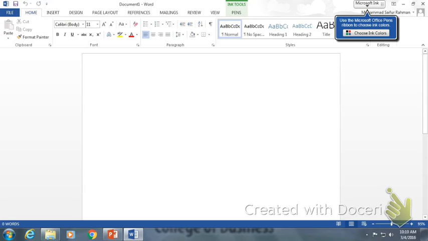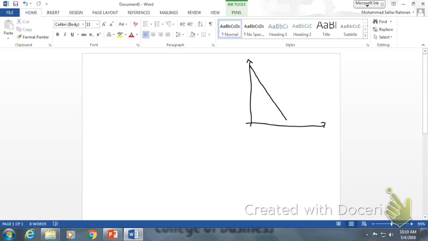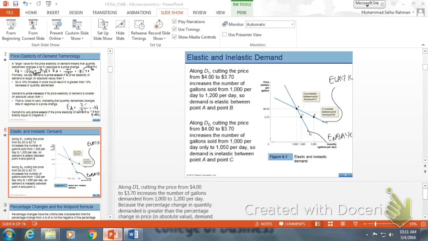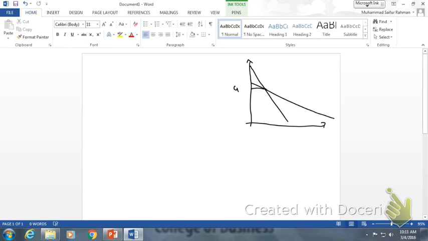I'm going to draw the demand curve, the one that you looked at in the previous one. So I had 2 demand curves. One was like this, the other one was like that, and then this was $4, and this was $3.70.